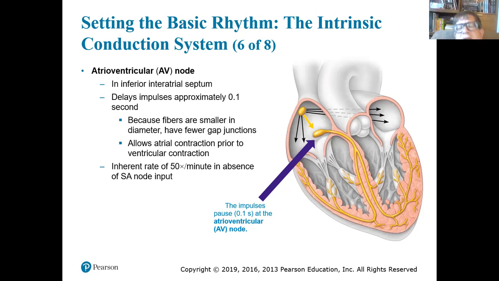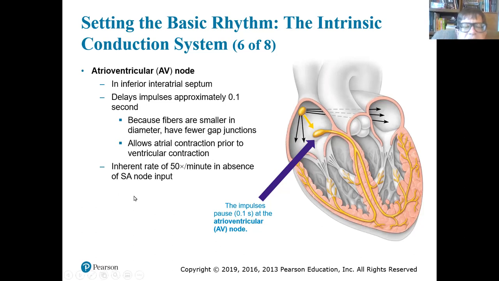So we need to slow it down a little to give the atria time to finish their job. How do you do that? Narrower cells. At the spot where we need to slow it down, we have narrower cells. Think of it as, instead of jumper cables, the very narrow phone charging cord.